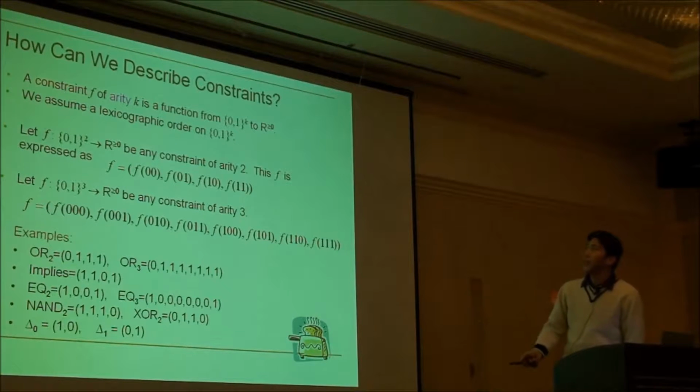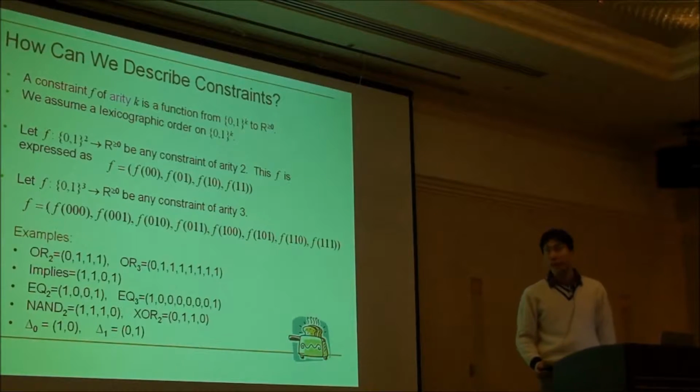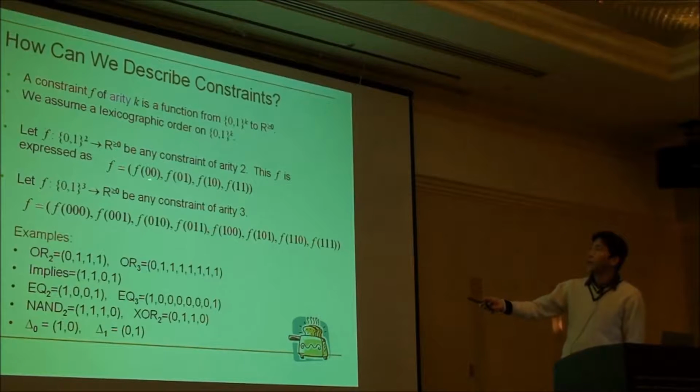We are actually interested in the constraint. A constraint is just a function mapping from k-bit strings to non-negative real numbers. To describe this constraint, we use a very simple way: a row vector, which in this particular case has 4 elements.